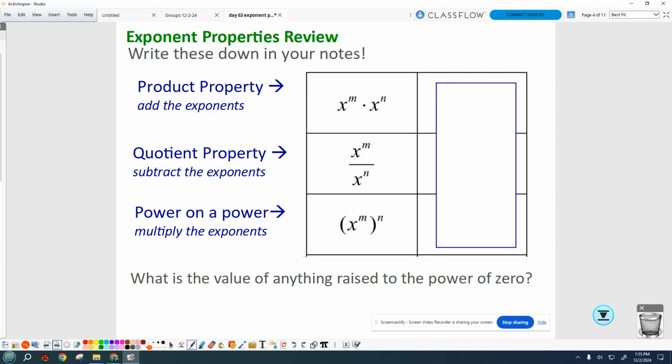Can you write these down? x to the m times x to the n.